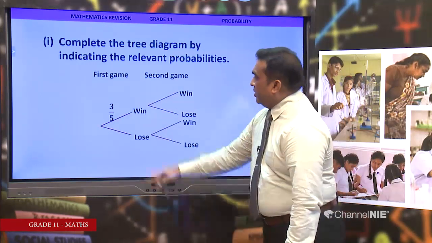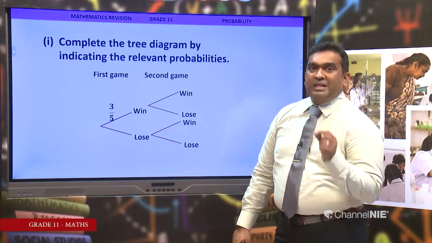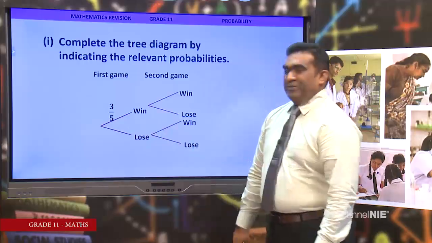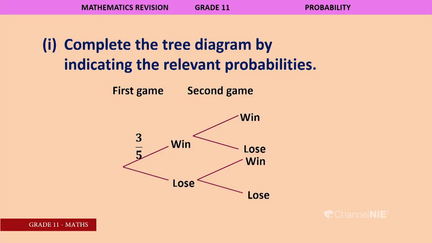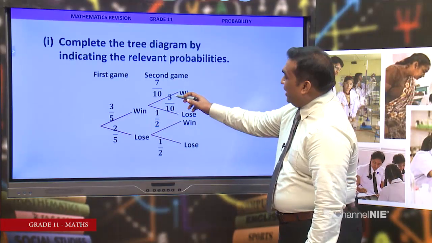First game 3 over 5, winning the game, losing the game. What should be there? 2 over 5. Here we will see 3 over 5, losing the game 2 over 5. Here winning 7 over 10, lose 3 over 10.